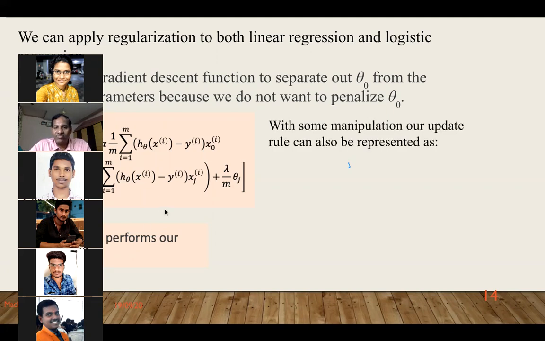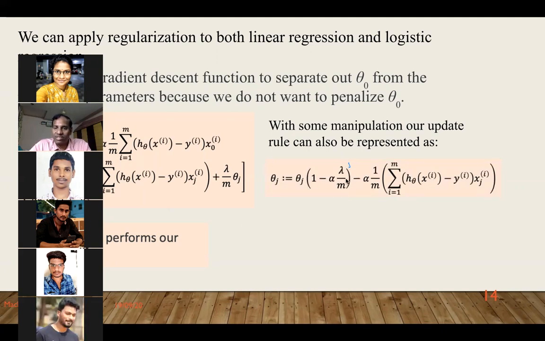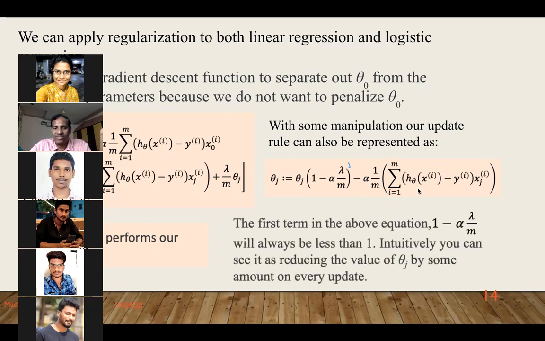With some manipulation, the update rule can also be represented as theta j equals 1 minus alpha lambda by m, minus alpha 1 by m and so on. With some mathematical computation you can convert this theta j to this. This alpha is your learning parameter. You can expand it and you will get this final equation. The first term in the above equation, 1 minus alpha lambda by m, will always be less than 1.